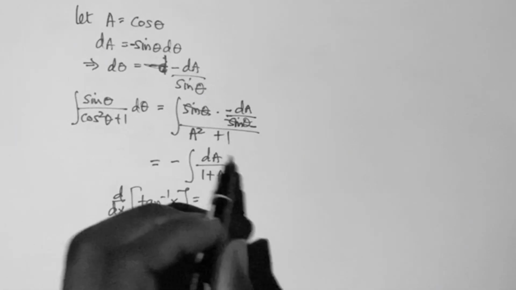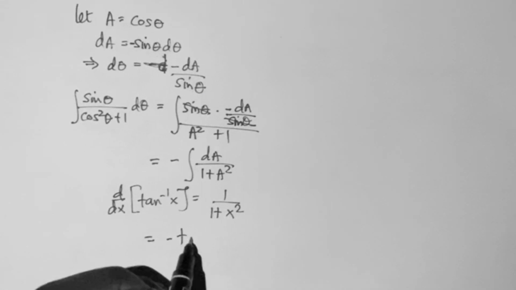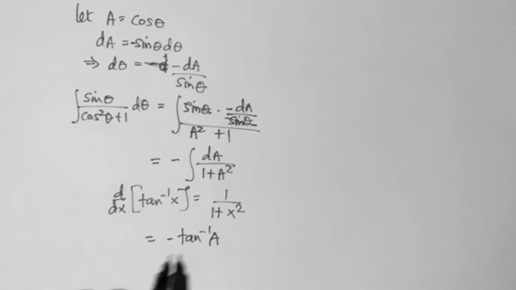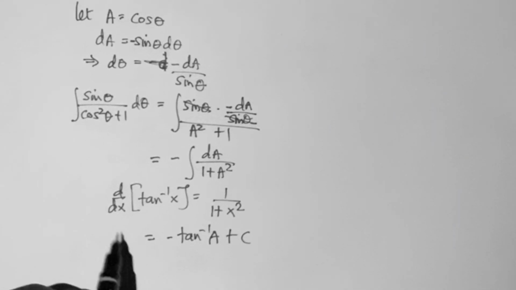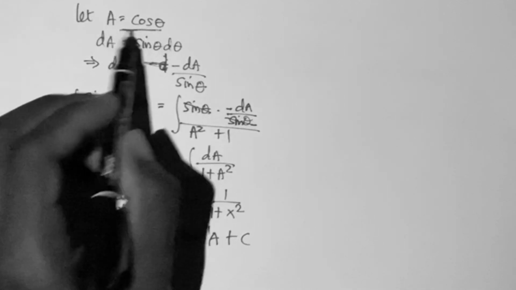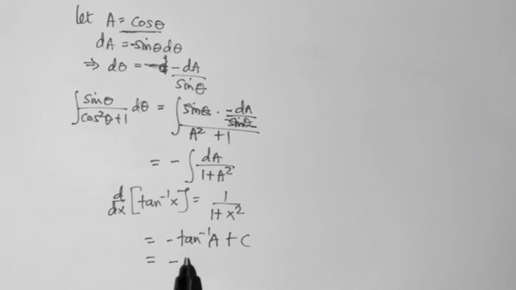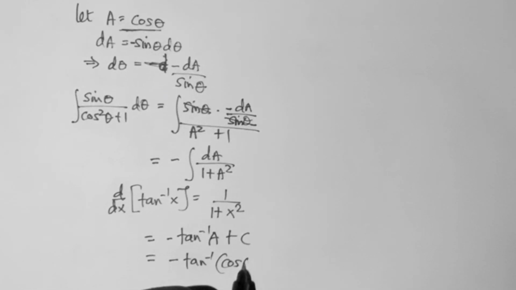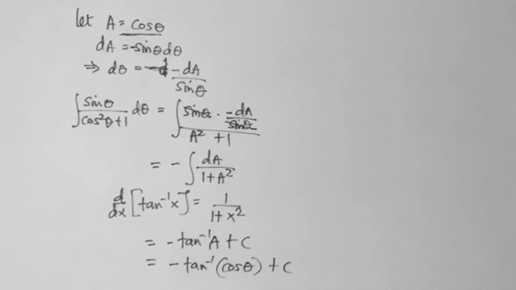So the integral of this is minus tan inverse of a plus c. Nonetheless, a is equal to cos theta. So this is equal to minus tan inverse of cos theta plus c.